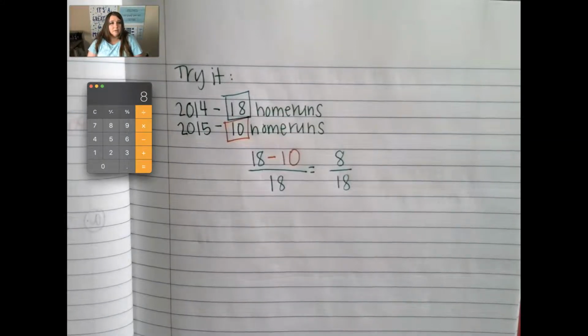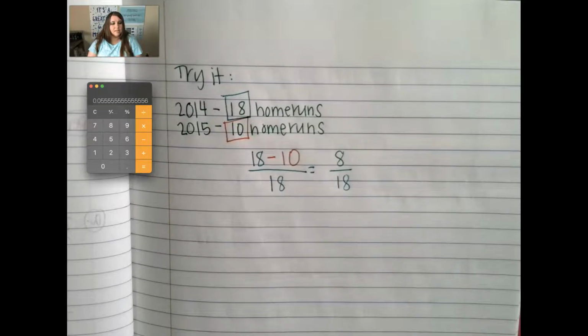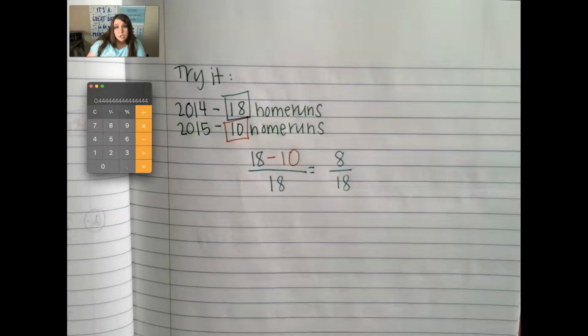So 8 divided by 18. Nope, that's 10, missing a digit. 8 divided by 18 gives us, I'm going to redo it just to make sure. 8 divided by 18. There we go. 0.444. Okay, so these are the rational numbers we're talking about, or irrational, right?